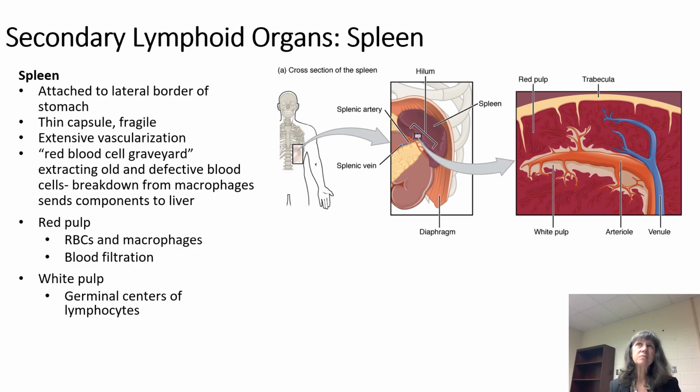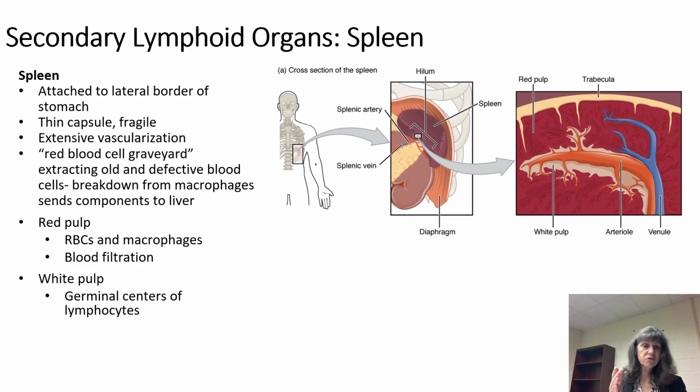Now, it's thought that the spleen may also be a site for erythrocyte production in the fetus, and that normally ends before birth. Within the spleen we've got a lot of blood vessels, so there's extensive vascularization, and there are basically 2 kinds of tissue found in the spleen.